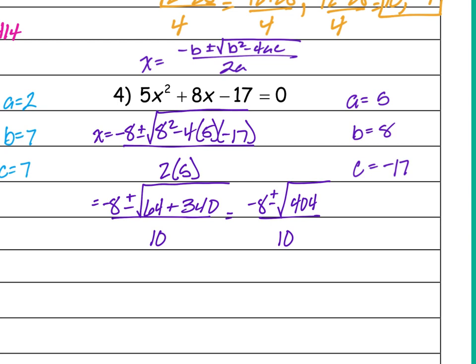Square root 404. Oh, yeah, okay. So then what I'm going to do in my calculator, right, x is going to equal negative 8 plus the square root of 404 divided by 10, and negative 8 minus the square root of 404 divided by 10. So in my calculator, I'm going to do it that way, okay?